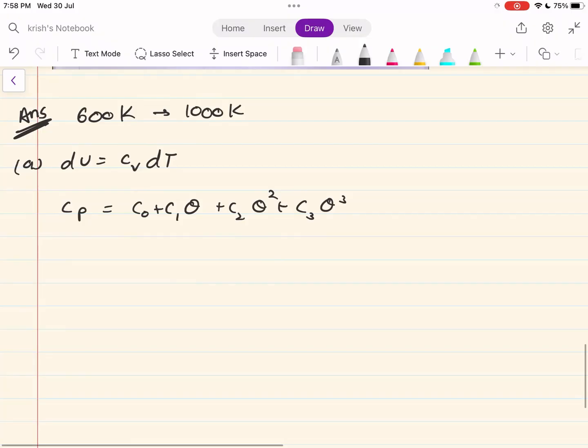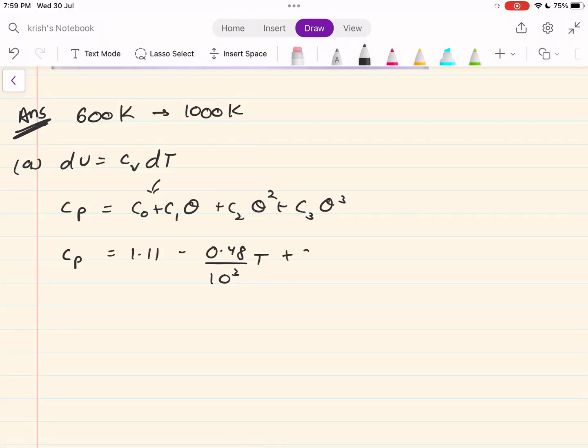So Cp is given by, if you get these values from the table for nitrogen, from table 8.6, you will get 1.11 minus 0.48 by 10 to the power 3 into T. I have converted theta into T by 1000 here, right? Plus 0.96 by 10 to the power 6 T square minus 0.42 by 10 to the power 9 T cube.